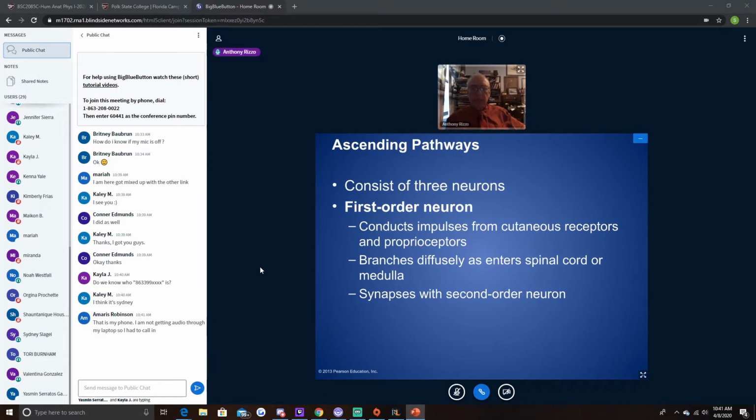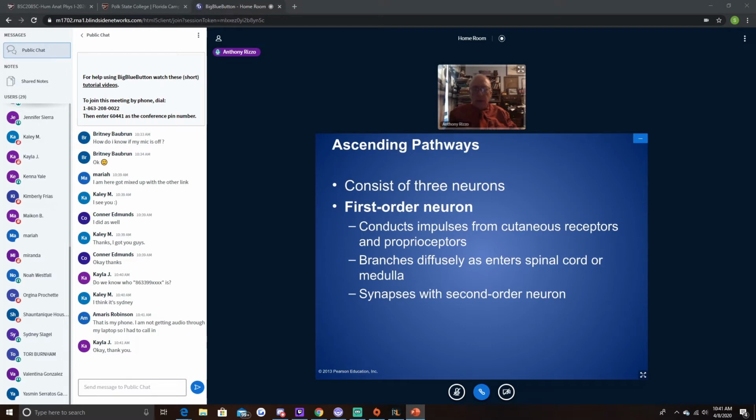Now then, ascending pathways, ascending tracts are composed of 3 neurons. You may think that, when you think about cells, you think about them being microscopically small, but please remember that neuron processes can be extremely long.